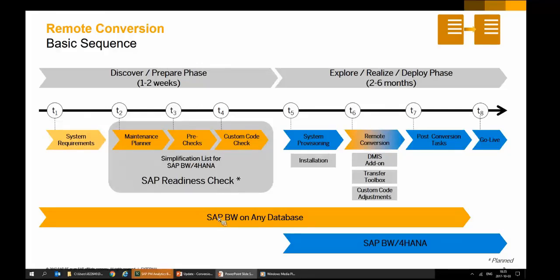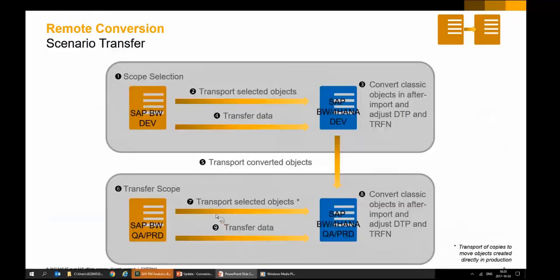And at import time, the magic happens that changes the data models to HANA optimized versions. When you're done and you're happy with the parallel run, reconciled all the data, you do a little bit of post-conversion and then go live with BW4HANA. At that point, you decommission your old BW system and you get your hardware that BW was running on back.